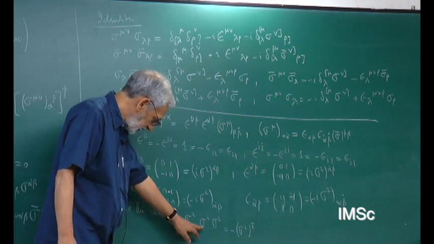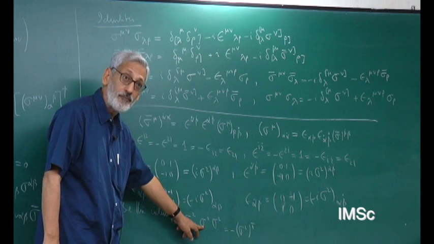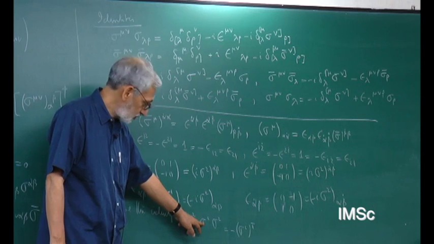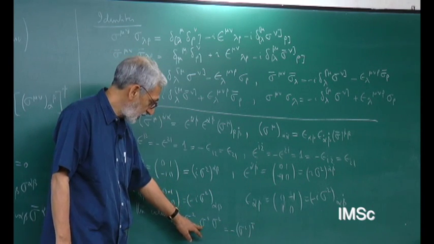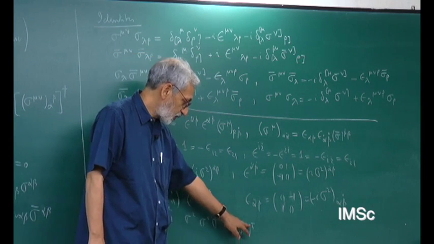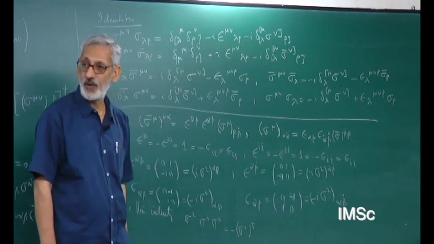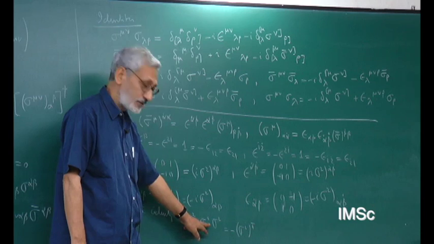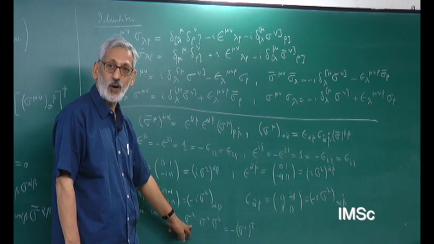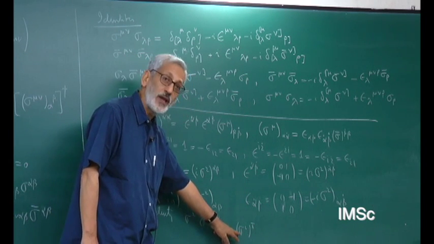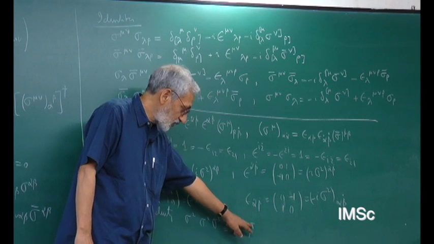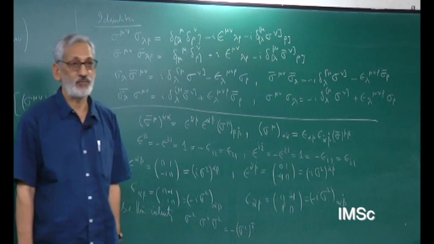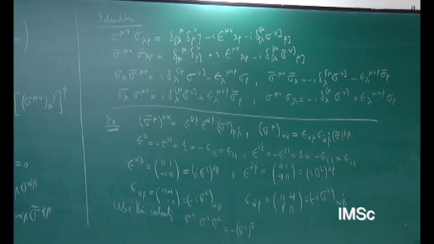This is very simple. If it is sigma 1, sigma 2 and sigma 1 anti-commute, and sigma 2 squared is 1, so it is minus sigma 1, and the transpose of sigma 1 is itself, so that is minus sigma 1. If it is sigma 2, then sigma 2 times sigma 2 is 1, so it is sigma 2 here, but sigma 2 transpose is minus sigma 2. So that takes care of this side. Now the same for sigma 3. So this is a straightforward identity.